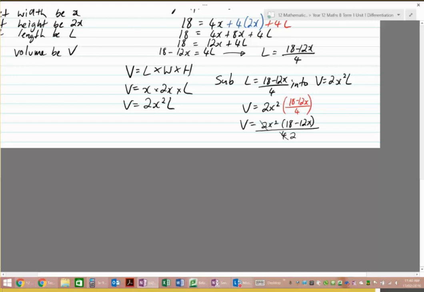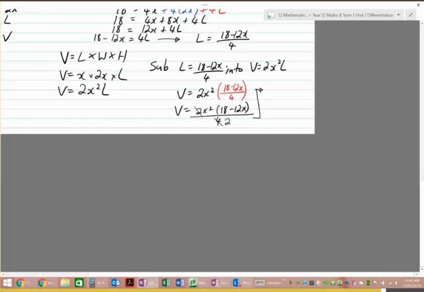And I'll be able to do some expansion on the top line. So I'll expand the top line. I've got 18x squared minus 12x cubed. That's all divided by 2. And now I can do this nice thing where I divide everything on the top line by 2. So I get 9x squared minus 6x cubed.